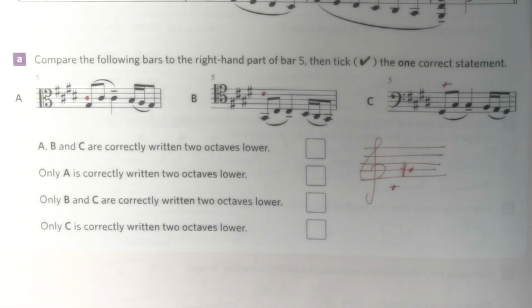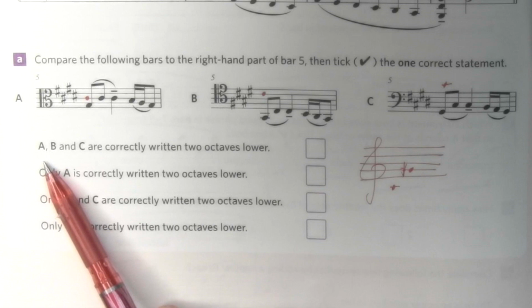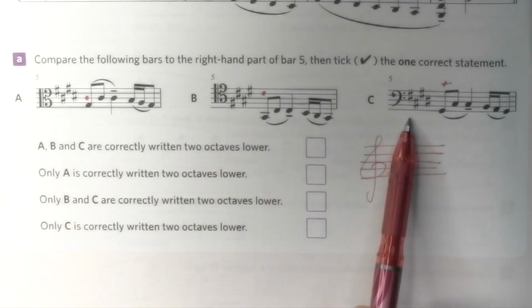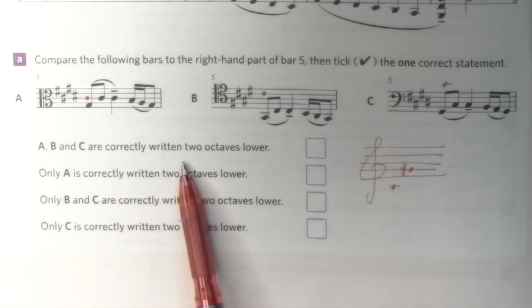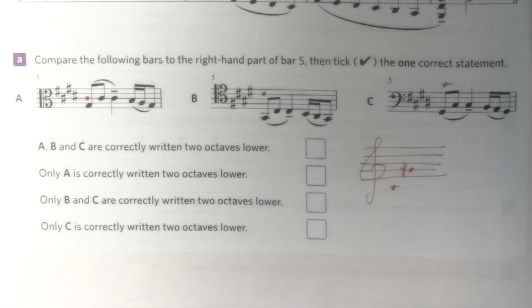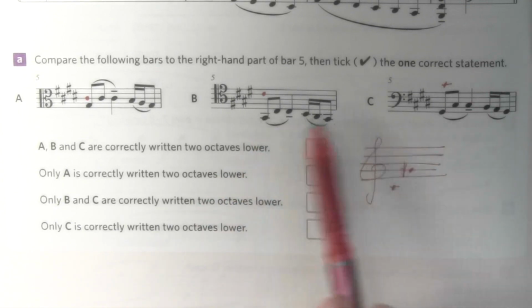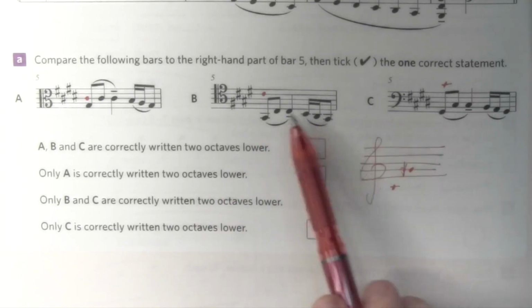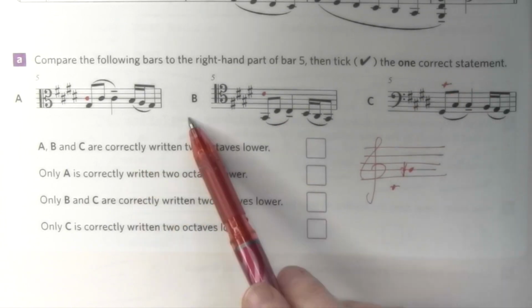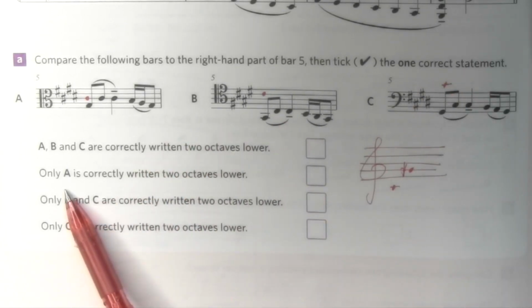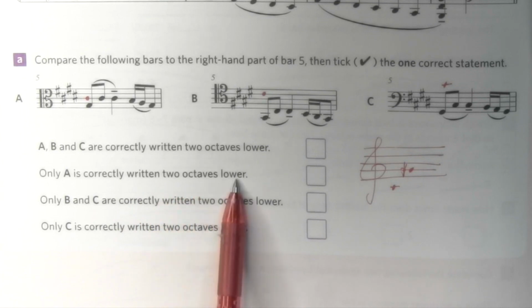I am so sorry, I just realized that I covered this with my light. A, B, and C are correctly written 2 octaves lower. I've already answered that question. Only these two are correctly written 2 octaves lower, so this is incorrect. Only A is written 2 octaves lower.